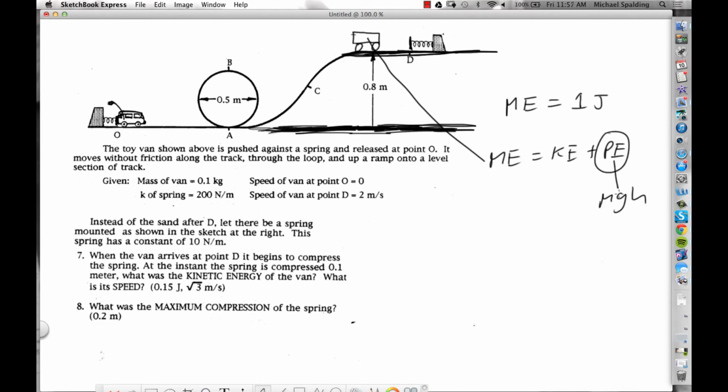So when you plug into that, the potential energy comes out to be 0.8 joules up there, right? So if the mechanical energy is 1, what must the kinetic be? Nathan? 0.2 joules. So long story short, before the van hits the spring, it has 0.2 joules of kinetic energy.